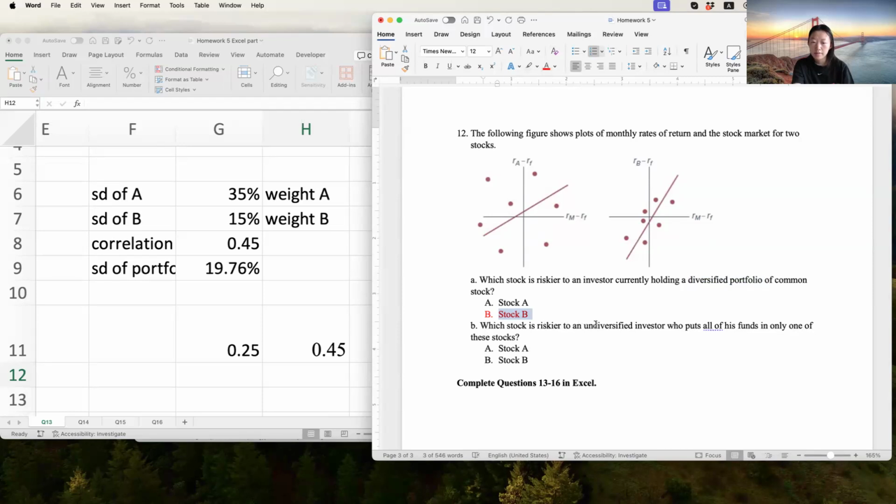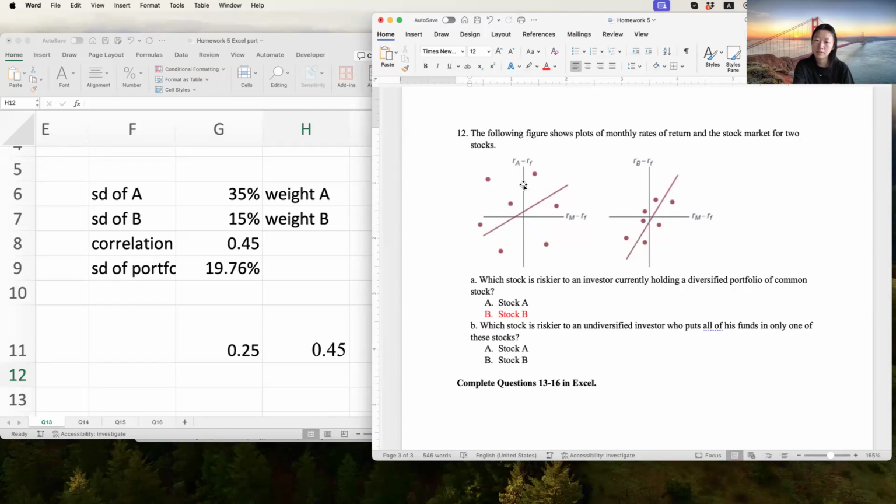And for undiversified investors who put all of their funds in one of these stocks, we're asking which stock has higher total risk. We're not just looking at systematic risk. Stock B has higher systematic risk, but stock A has higher total risk.